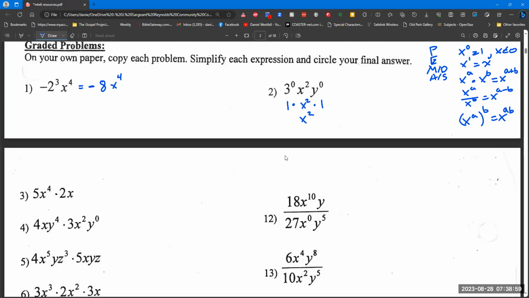For number 3 here, we're going to look at the number parts first. That 5 times 2 is 10. We're going to have x to the 4 plus 1, because there's an invisible 1 there, so it's going to be 10x to the 5th.